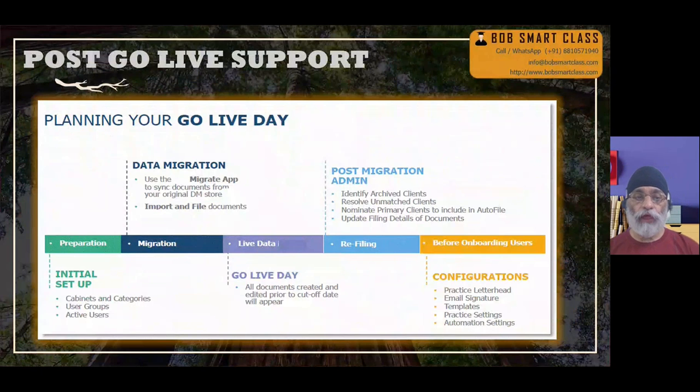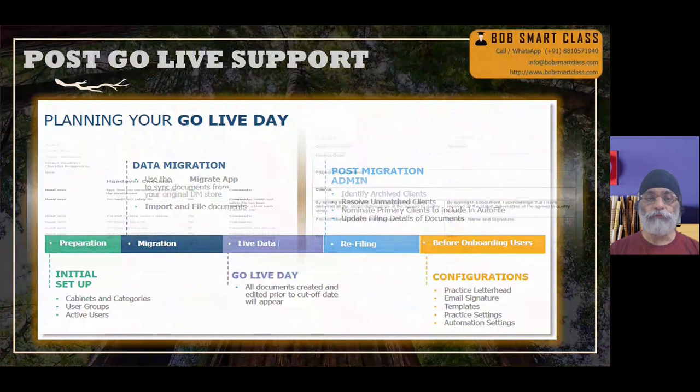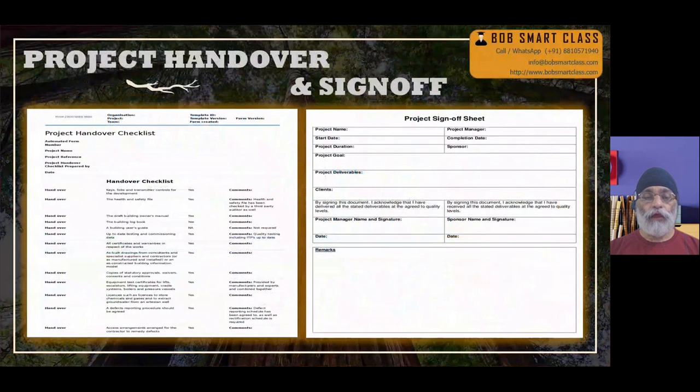After go live, we have a post go live support for maybe 3 to 4 months. After support, we have to hand over this project to the client and get a sign off. There is a process. We will be learning this process in this course.